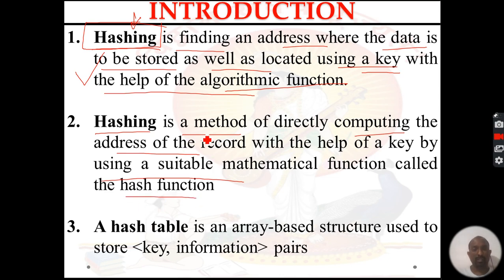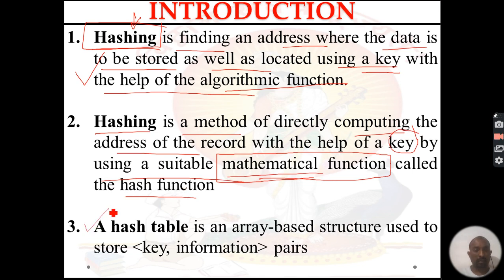So we can directly calculate the particular index value with the help of the mathematical function or expression, and that is called a hash function. Without a hash function we cannot store the record into the hash table. And one more thing, we need a key. If we have a key, then only we can get the index value.